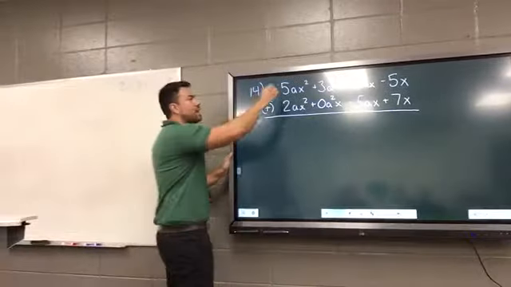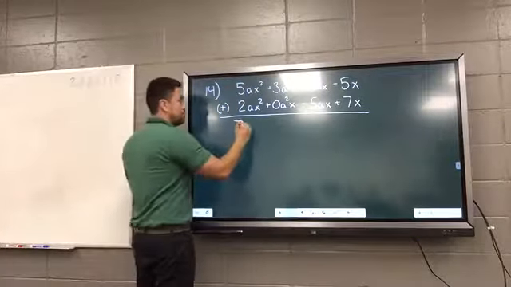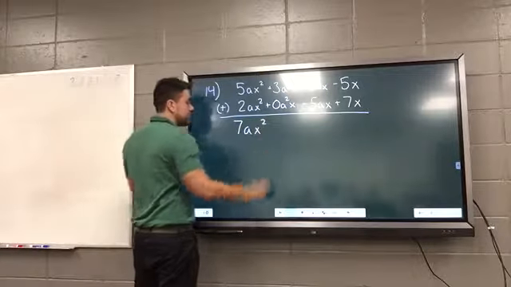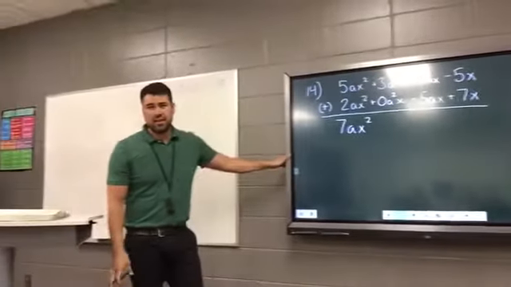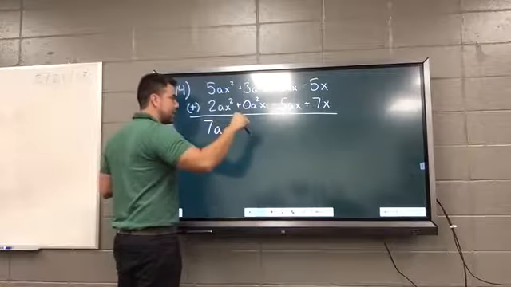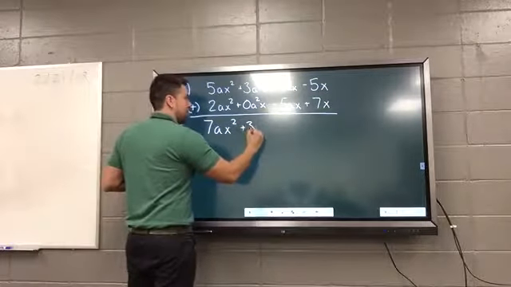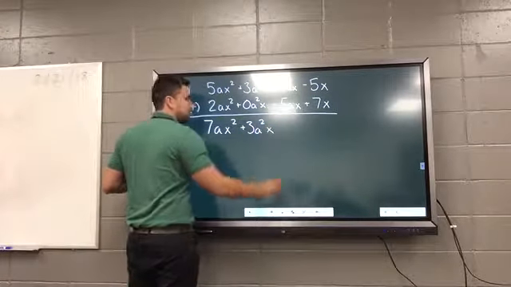Kendall, what's 5ax squared plus 2ax squared? 7ax squared. Good, 7ax squared. Beth, what is 3a squared x plus 0a squared x? Good.